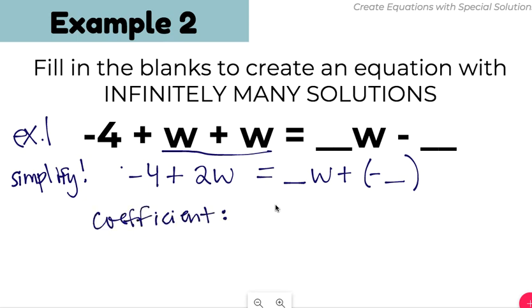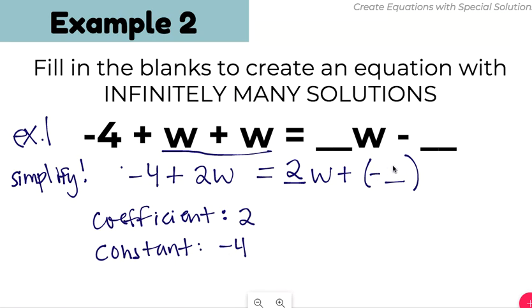Okay, so I'm going to look on each side and figure out which side has the constant or the coefficient given, and it's a 2. My constant is a -4. That means each side has to have a coefficient of 2 and a constant of -4. The coefficient part's easy. Now the constant has to be -4.